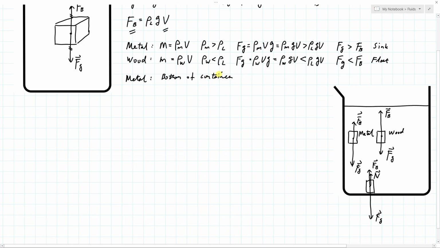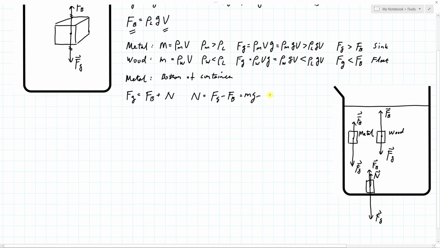Bottom of the container. We have, let's write here, gravity down equals buoyancy force up and normal force, right? So we can find out how much normal force is needed. Gravity minus buoyancy, right?